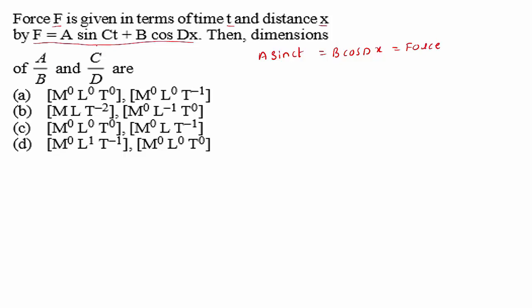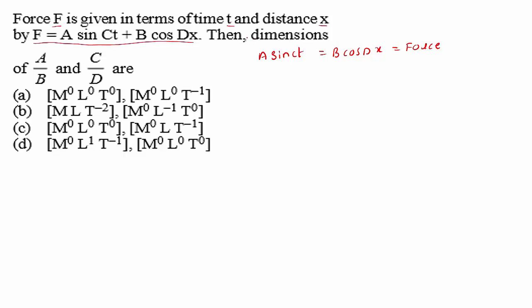Remember, only the same quantities can be added or subtracted. Here they added two quantities A sin ct and B cos dx. When we are adding two quantities, they should be the same, which is equal to force. So A sin ct and B cos dx are equivalent to force.